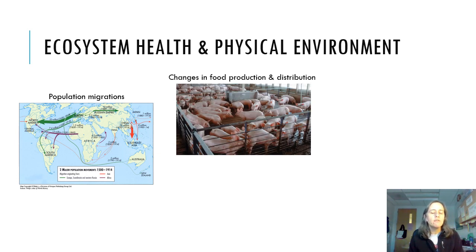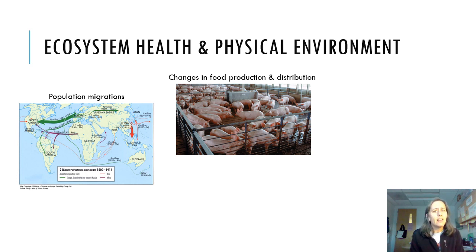Then, of course, changes in food production and distribution. We have done a lot of things over the last 50 years to make it easier and less expensive to feed people. But a lot of those things aren't actually particularly good for our environment, whether it's confined animal feeding operations or a lot of the practices in place for industrial-level agriculture, which is stripping our topsoil.